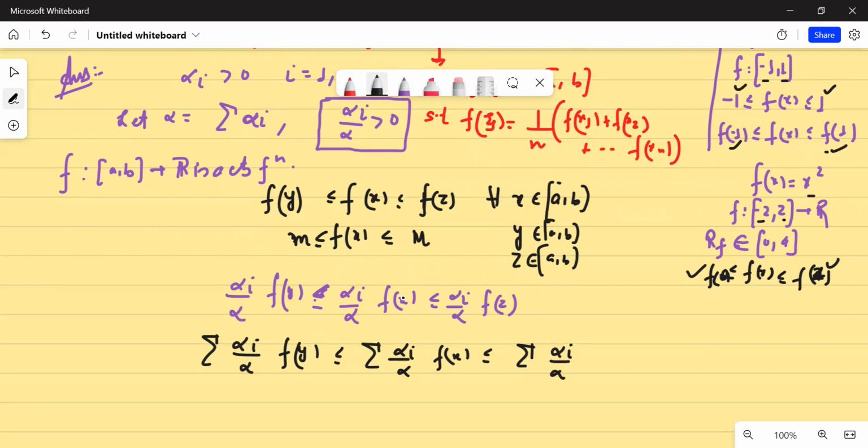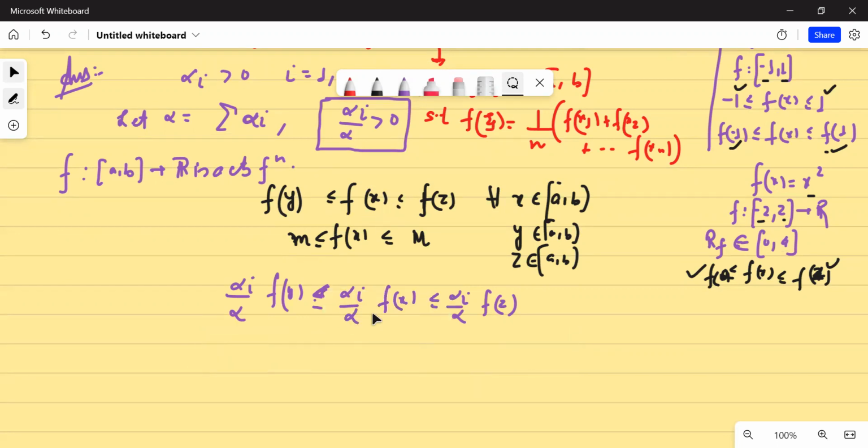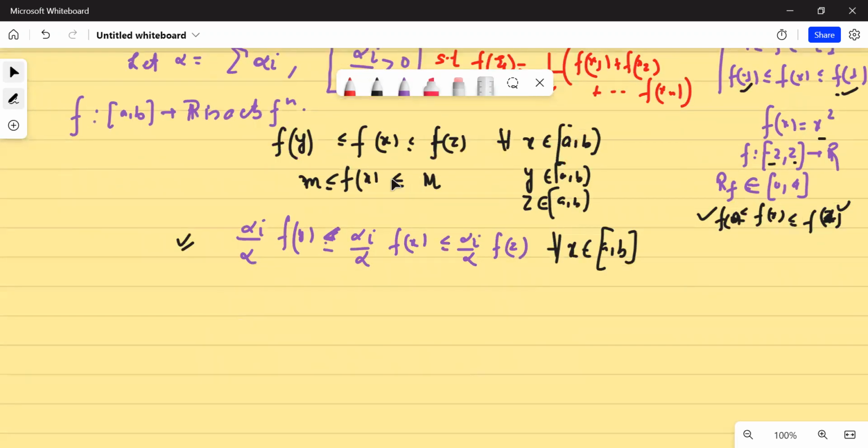Is this clear up to here? Let me explain once. This is true for all x belongs to a comma b, do you agree? Clear up to here? f x will lie between f y and f z, it is true for all x, yes or no? Look, f x is lying between f y and f z. It is true for all x. If it is true for all x, then it is true for all x1, x2, x3, xn, because they also lie between a comma b.